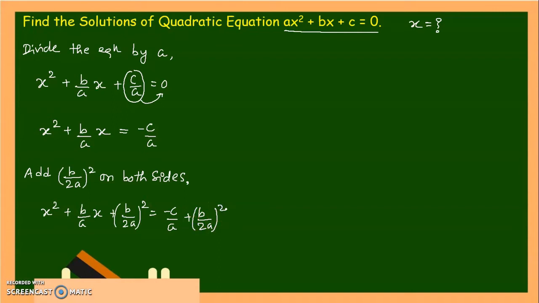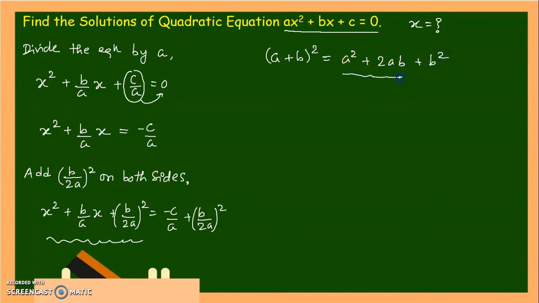So why do we add b upon 2a whole square on both sides? Because if you observe this left hand side, it becomes an identity. Which identity is this? We know the very well known identity a plus b whole square is equal to a square plus 2ab plus b square.